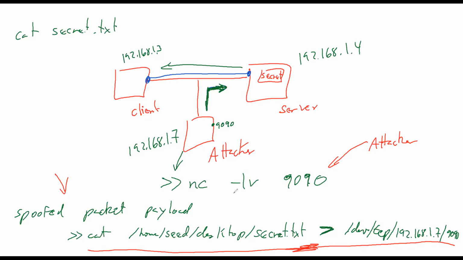Now let's take a look at how something like this can be done with our Scapy code. Okay, so I'm going to give you the Scapy code again. No brain surgery here or rocket science.